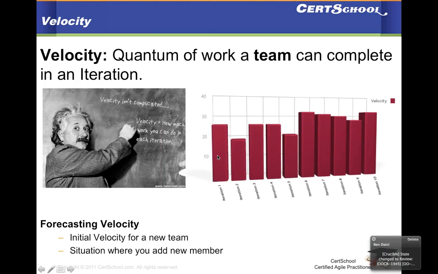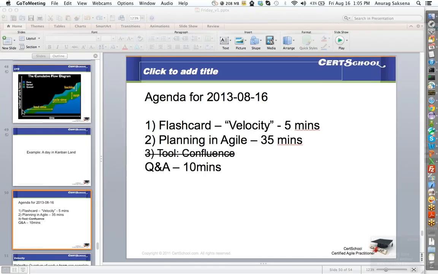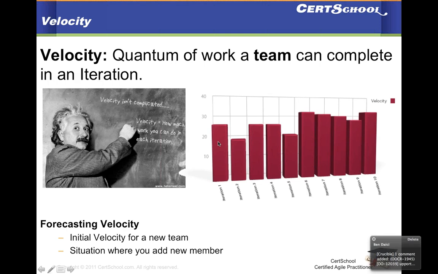A little more information about velocity. Velocity is something that you use to do forecasting. You can use it to predict things. For example, in this diagram that you see, you have finished iteration 10, and you see that the team's velocity for iteration 10 is a little bit over 30, let's say 31.